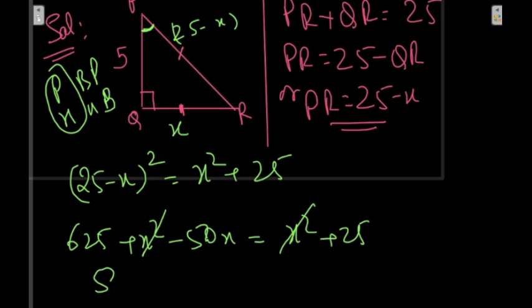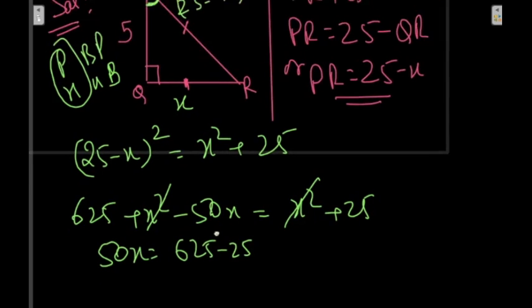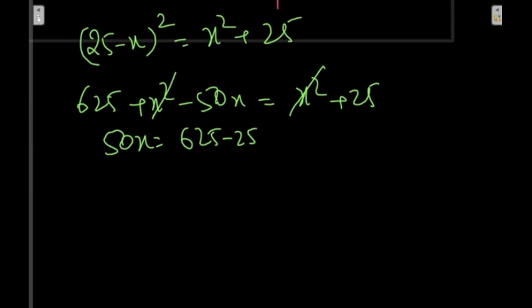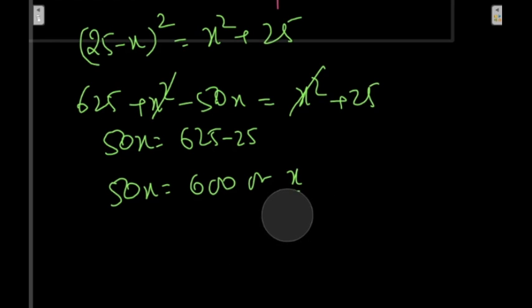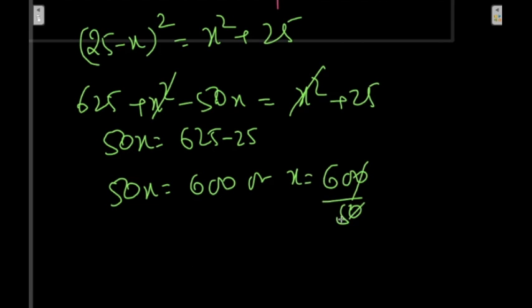So it will become 50X is equal to 625 minus 25, or you can say that 50X is equal to 600, or X is equal to 600 divided by 50, which is 12.